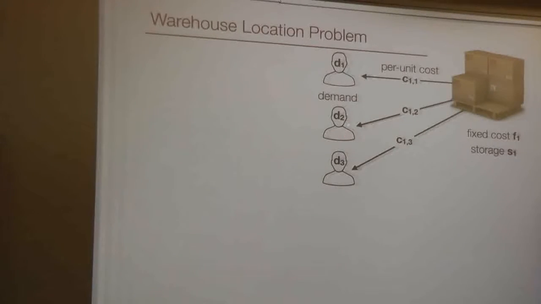The shipping cost here is basically proportional to the distance of the warehouse from the customer. And we assume that we have just some per unit shipping cost. So this is the shipping cost from the first warehouse to the first customer. So the first index will be for the warehouse, the second one for the customer.